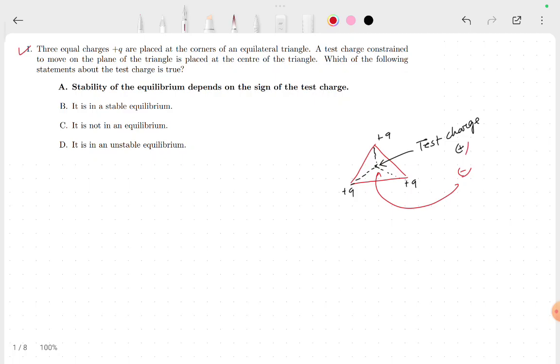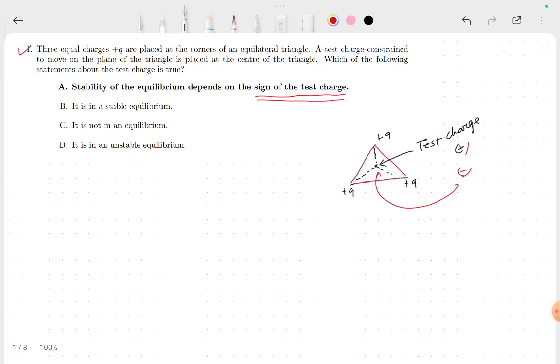So basically, with the repulsive force in one case and the attractive force in the other, the equilibrium condition is broken. So the stability of equilibrium depends on the sign of the test charge.